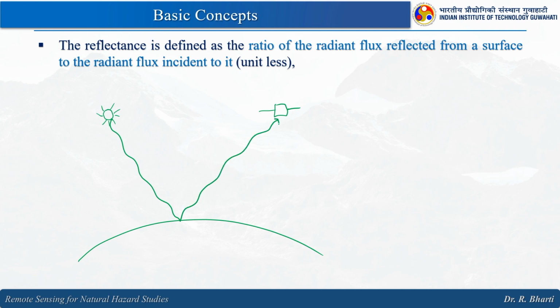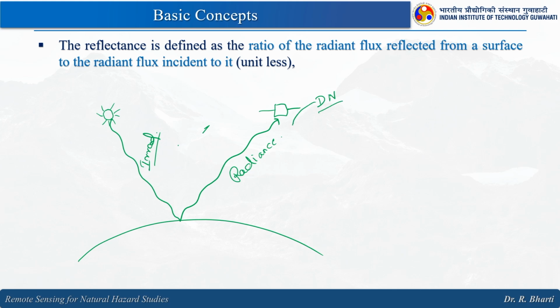For time being, we are ignoring the atmosphere to understand this basic concept, radiance, irradiance and reflectance. Now, the amount of energy which is coming and reaching to the surface, that is irradiance, right. This amount of energy which is reflected, that is called radiance, right. Now, here we had the DN number.